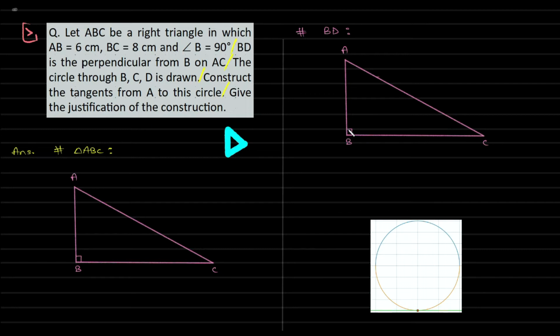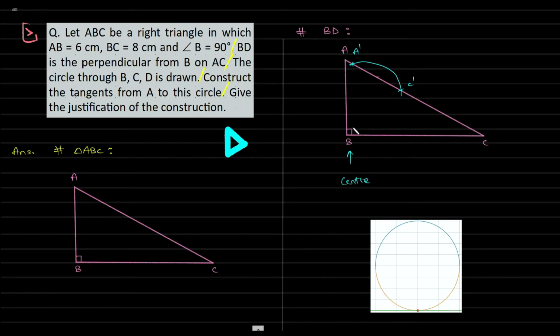We need to draw an arc from B cutting AC at two different points, something like this. So that would be A dash and that would be C dash. So these are 2 points cutting AC, right? An arc with B as a center.